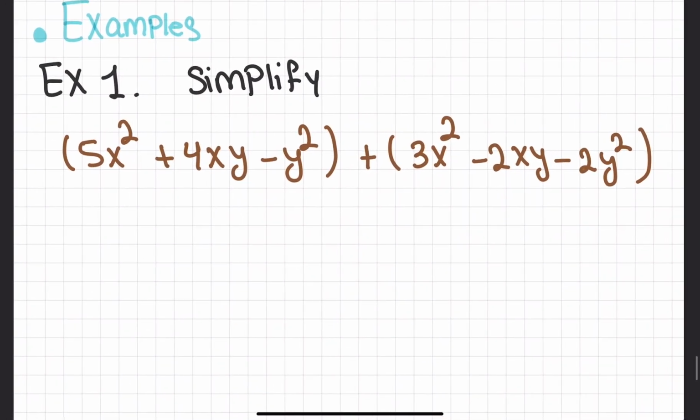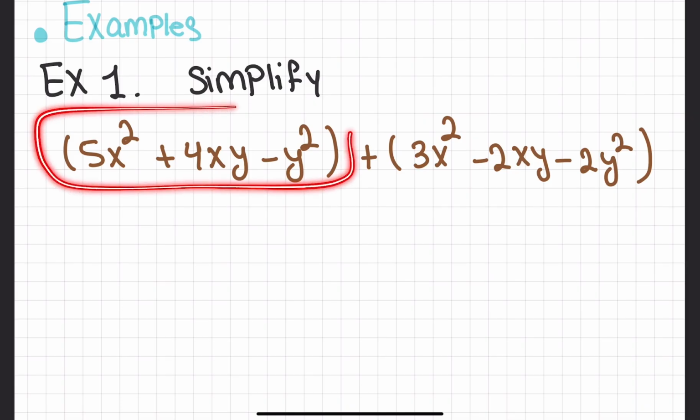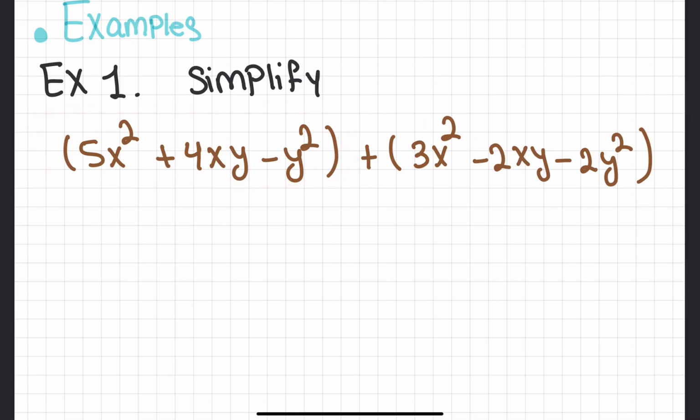So let's give you guys some examples. The first example is simplify. What I do here, basically, I'm just going to write down the first bracket same as it is. So it's going to be 5x squared plus 4xy minus y squared.